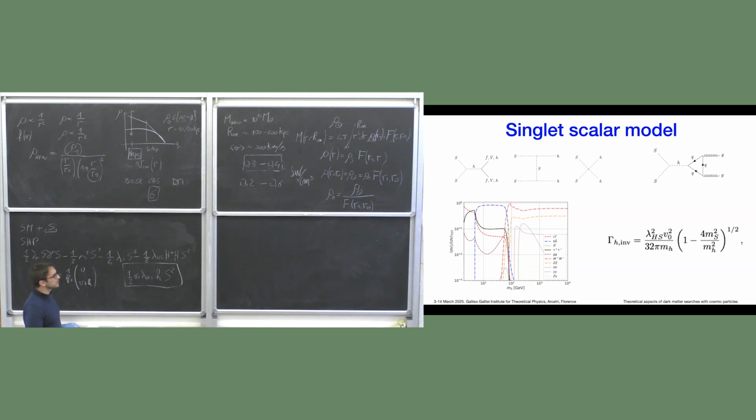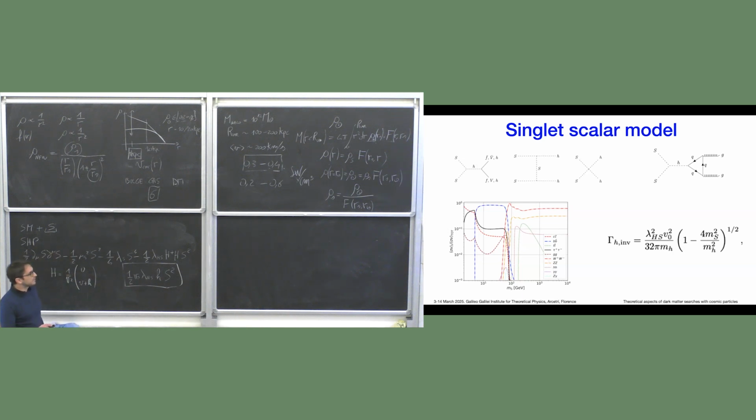The advantage of this model is that you just have two parameters, that is the coupling between H and S and the mass of the S particle. So it's very, very simple. It basically has the same number of parameters as the model-independent approach. In the model-independent approach, you have sigma v and mass, and here you have the coupling lambda and mass.